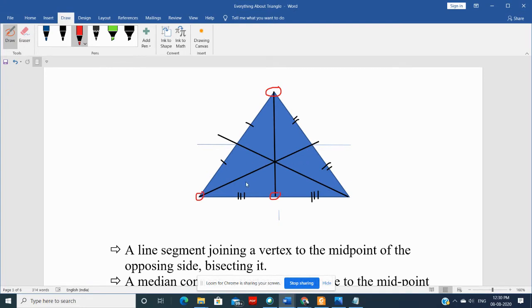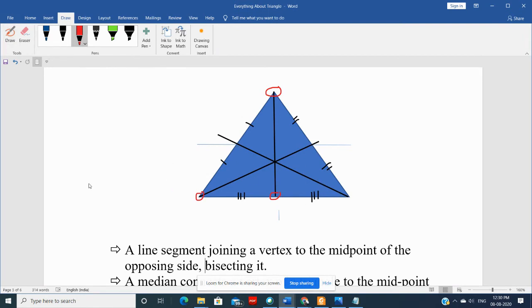So again, it's a line segment joining the vertex to the midpoint of the opposite side. And because this is a midpoint, it is making two equal halves. Similarly for this line segment also.